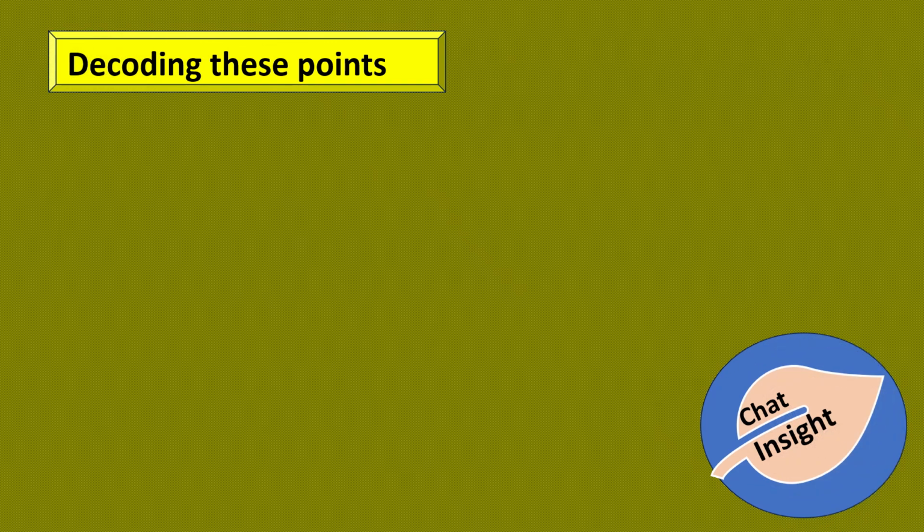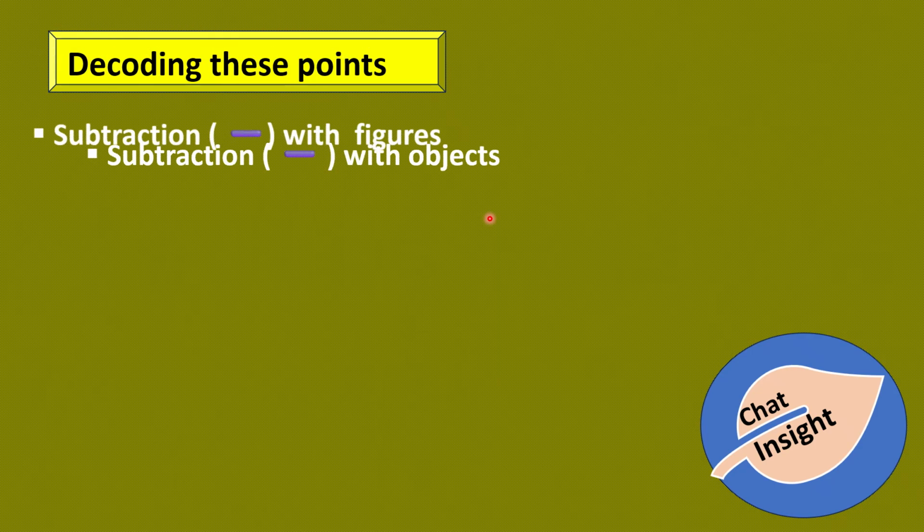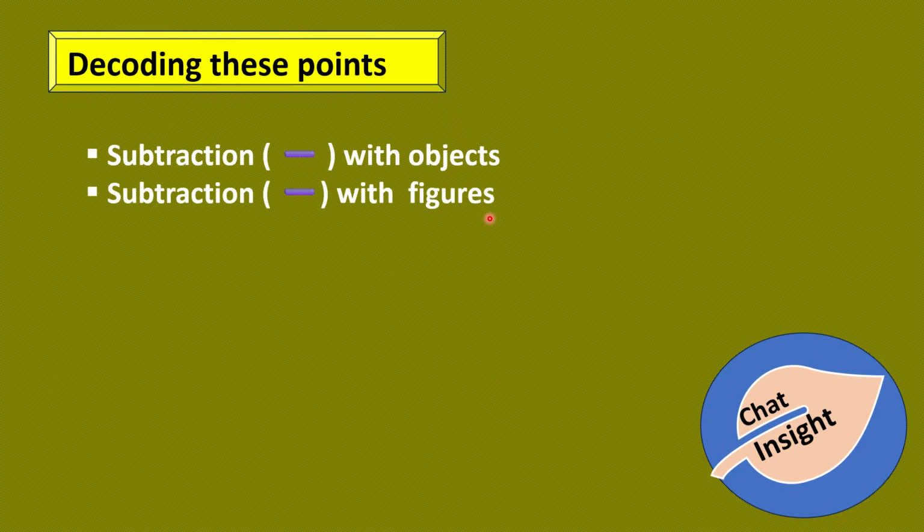In this session, I'm going to decode these points. First one is subtraction with objects. That's a symbol of subtraction. Next one, subtraction with figures. How to present a subtraction?